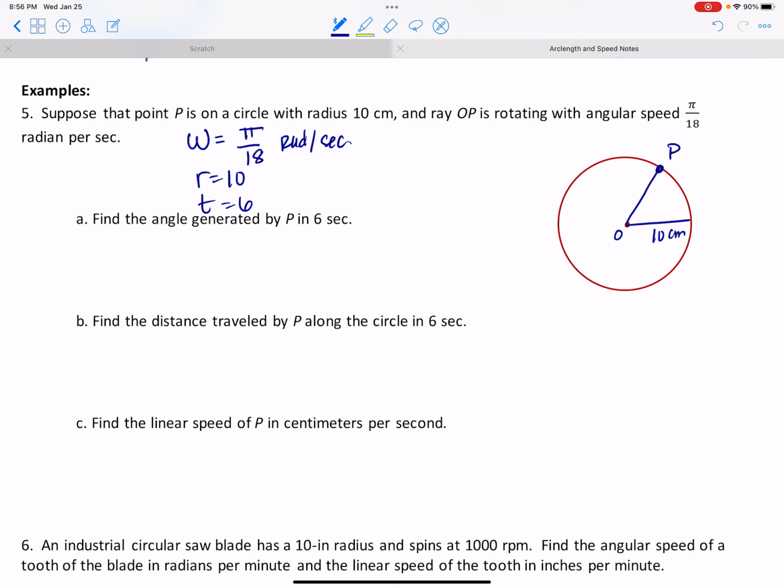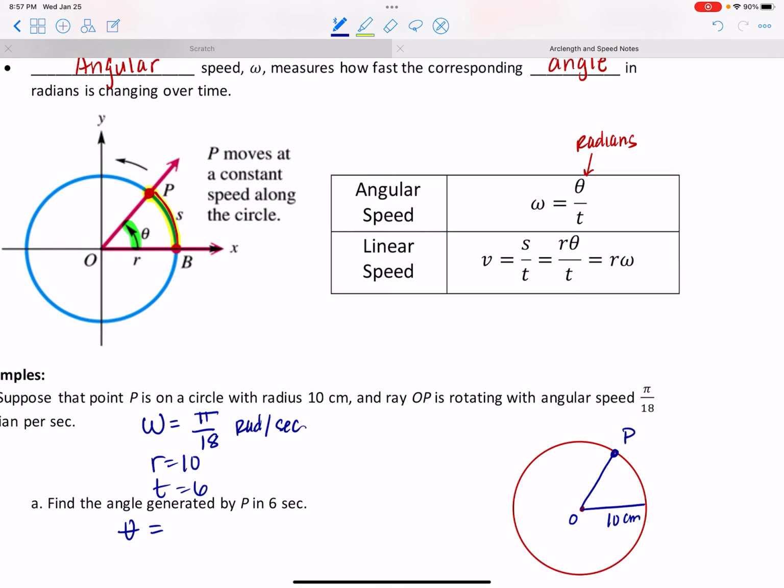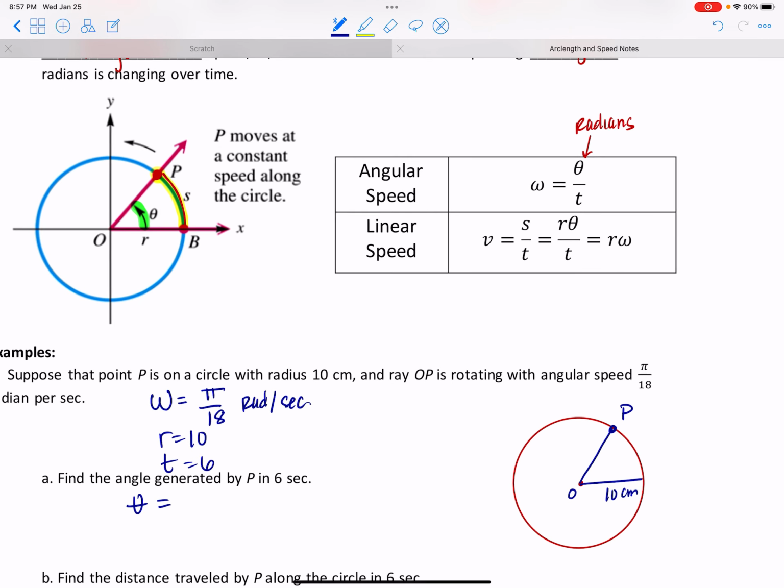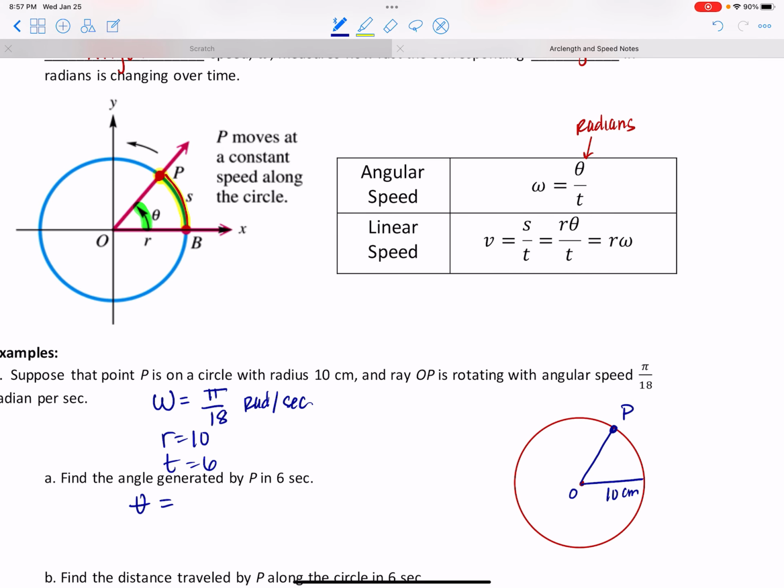Now let me go back to the question for part A. It says find the angle. So what's theta? We know that one. We've seen a couple versions of this, but let me go to what we're talking about here, because we're talking about this point P moving or rotating, so we're dealing with speeds here.